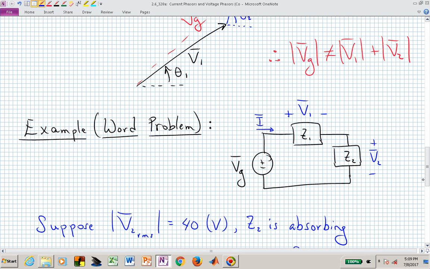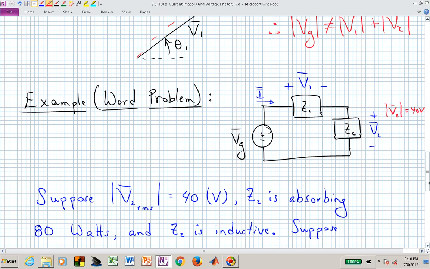First, we're told, suppose that the voltage magnitude across Z sub 2 is 40 volts. Let's write that down as we go. So now we know that the magnitude of V sub 2 is 40 volts. We know that Z sub 2 is absorbing 80 watts, so P sub 2 is 80 watts, and Z sub 2 is inductive.